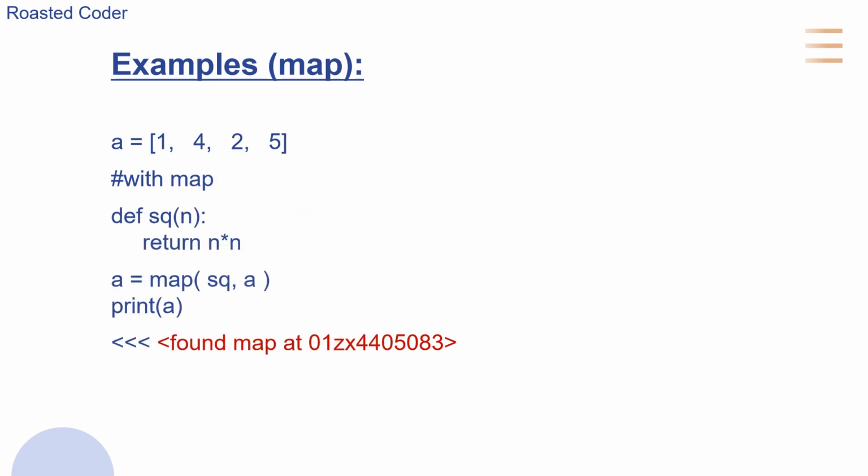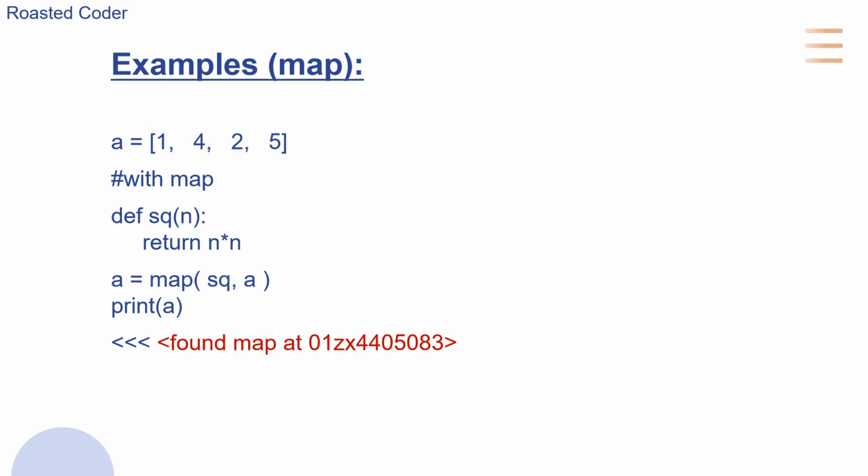Earlier we saw that in the map function we have to pass two parameters, the first is our function and the second is an iterable. The iterable is this list, and now we have mapped this iterable to this function, and this function returns the square of a number. You can see we are passing n and returning n square.